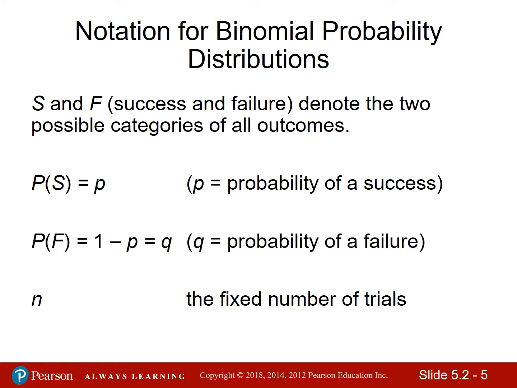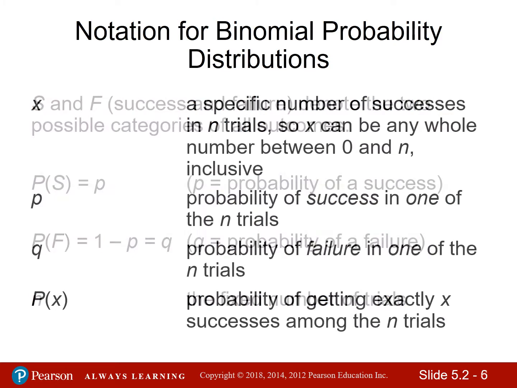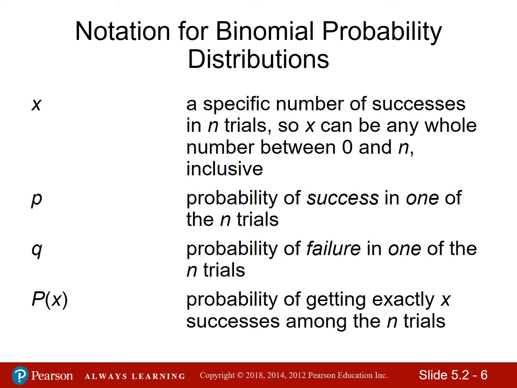n will be the fixed number of trials. x is a specific number of successes in the n trials. x can be any whole number between 0 and n. So x can be 5 or 6 as long as it's between 0 and n. p is the probability of success in one of the n trials. q is the probability of failure in one of the n trials.